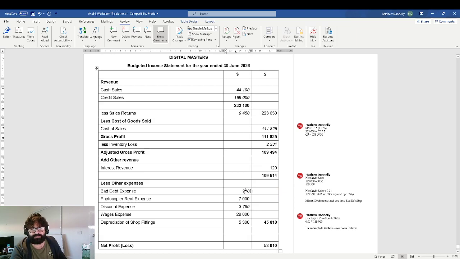Make sure to round up. That's how that needs to look.